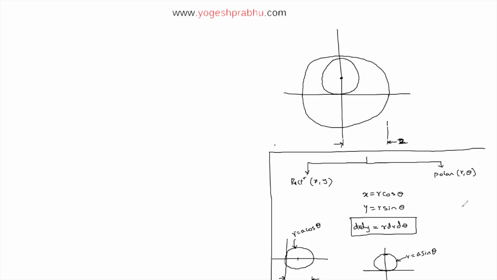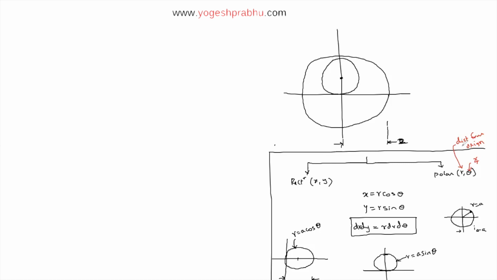And if you have a circle like this, and if it has a radius a, then this is r equals a. Because now understand one very important point: r is the distance from the origin, and theta is the angle.